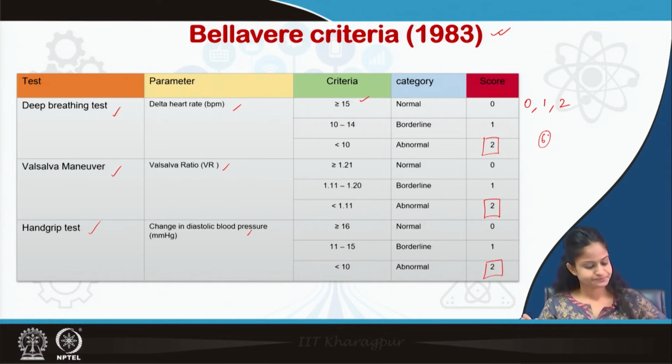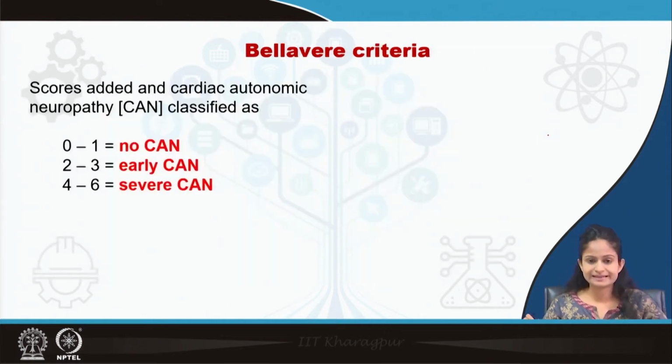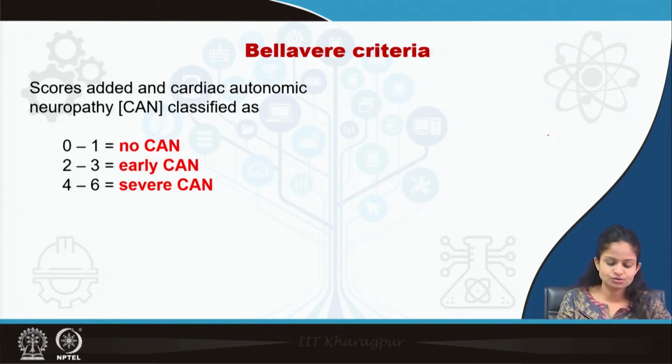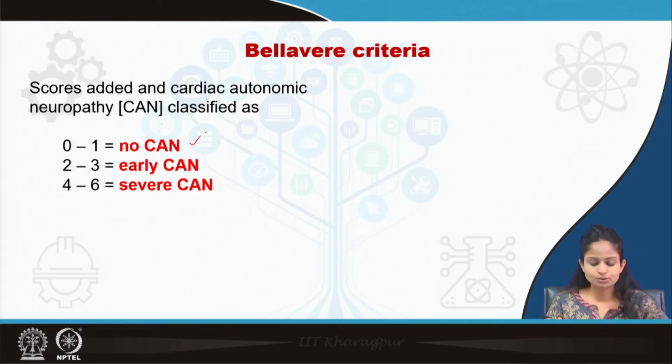So, in that way we add the scores, and the cardiac autonomic neuropathy, CAN, is classified as 0 to 1, that is no cardiac autonomic neuropathy, 2 to 3 early cardiac autonomic neuropathy, and 4 to 6 severe cardiac autonomic neuropathy.